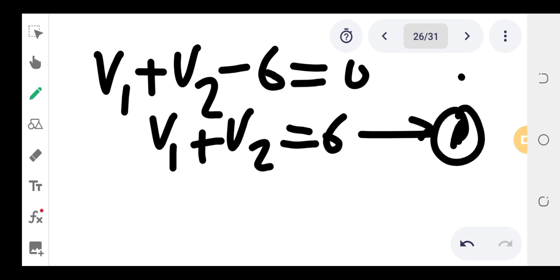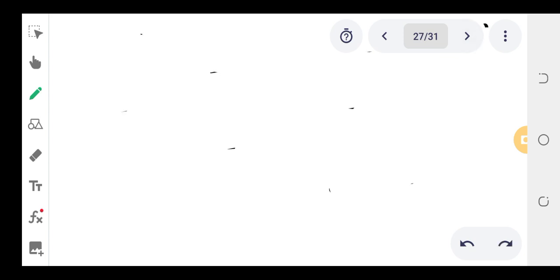So let's go to the next step. From the circuit diagram, let me draw this.